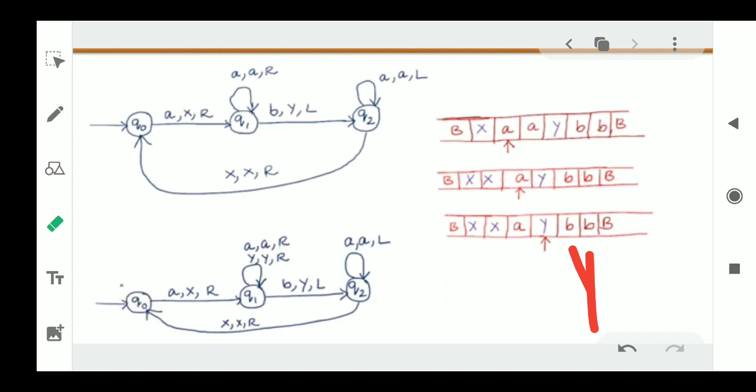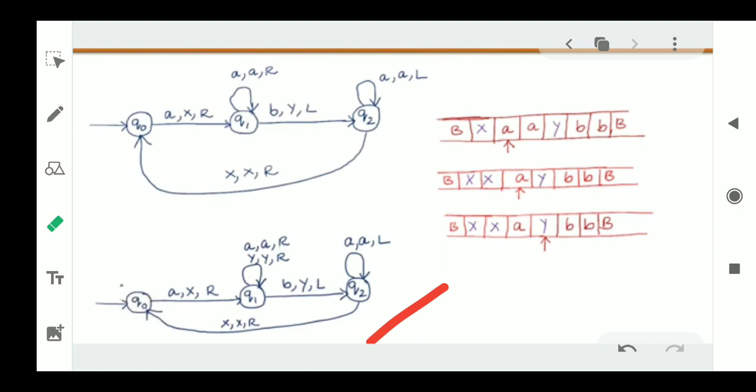What we are doing here: if any small a is found, we will simply replace that with capital X, and we will keep on moving in a right direction until we get one b. If we reach the position of b, we will replace that with capital Y, and we will not move right again.